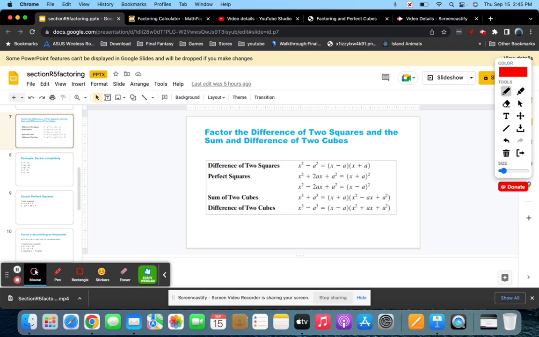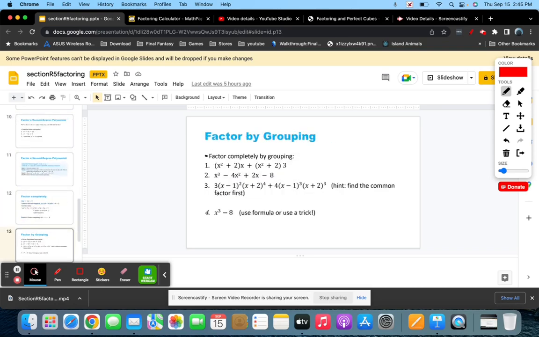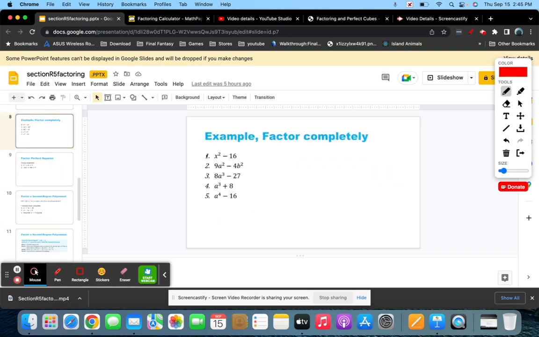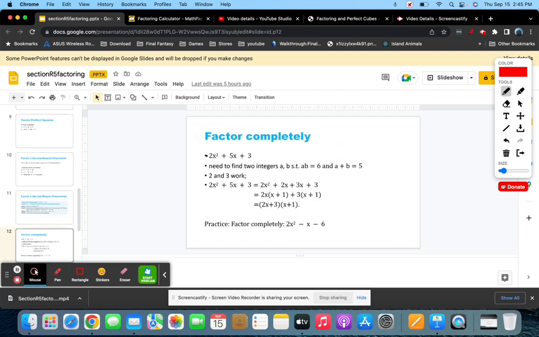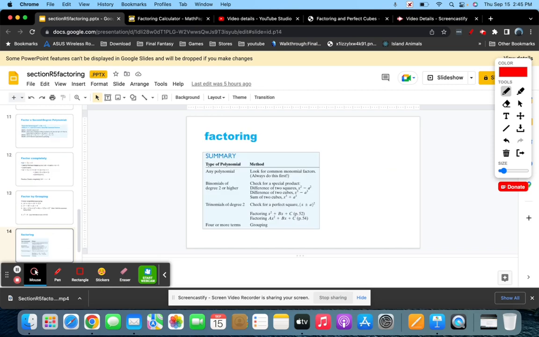Remember, x is going to be your x in this situation. The cube root of 8, which is 2, is going to be your a. So you're going to have x squared plus 2x plus 2 squared, which is 4. You just need to break that one down using that formula.